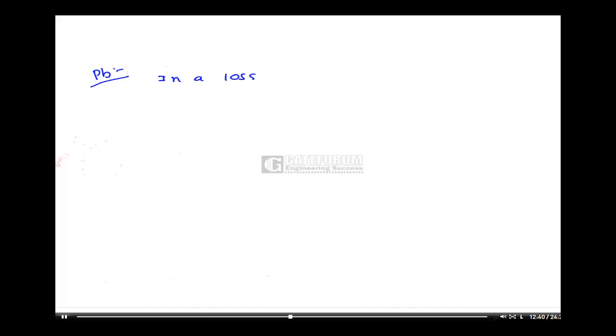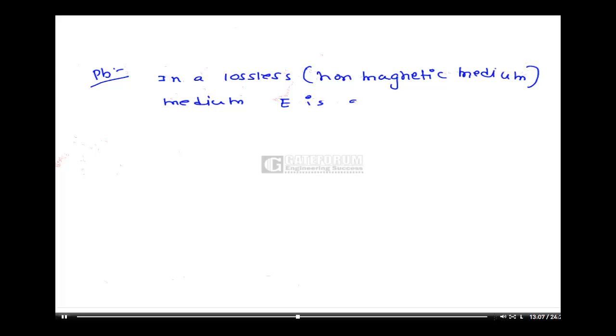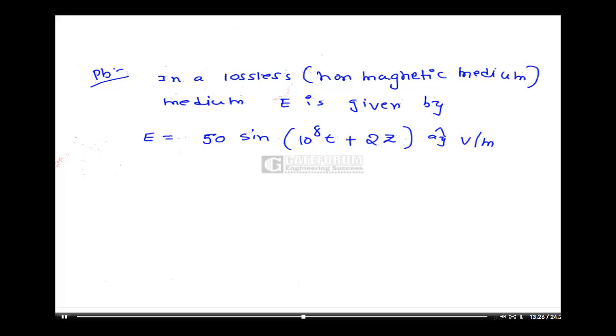In a lossless medium, also called a non-magnetic medium, E is given by E is equal to 50 sin(10 power 8 t plus 2z) ay cap volt per meter.